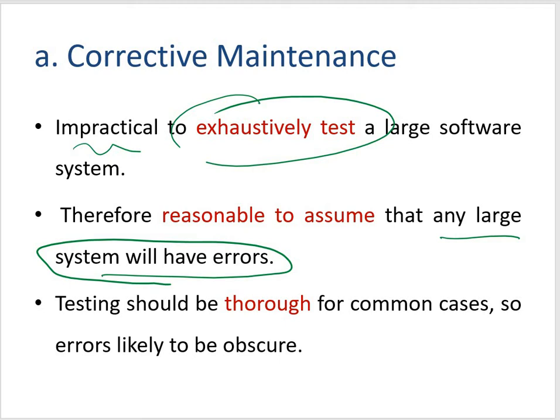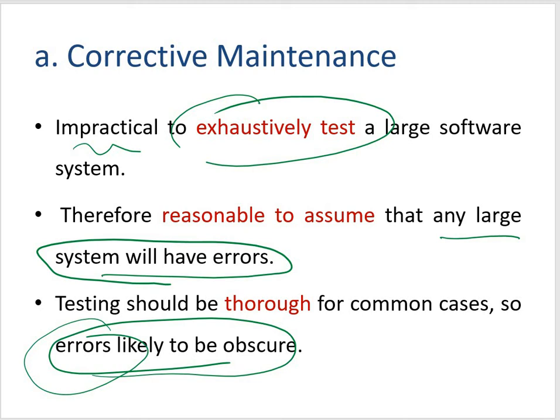Testing should be thorough for common cases, so errors are likely to be obscure. Right, so basically we are looking for some common test cases, we are testing the things. So there are some errors which will always be undiscovered, right? The testers might not be able to discover those errors.